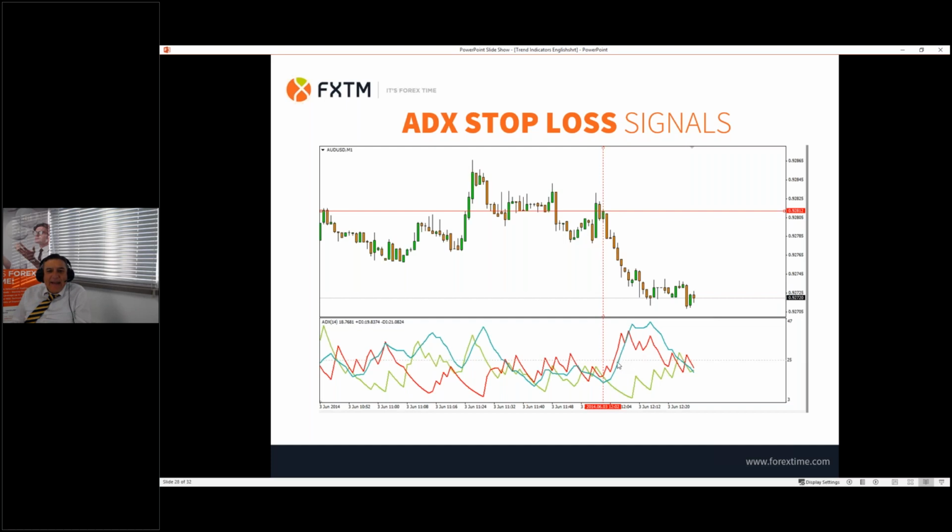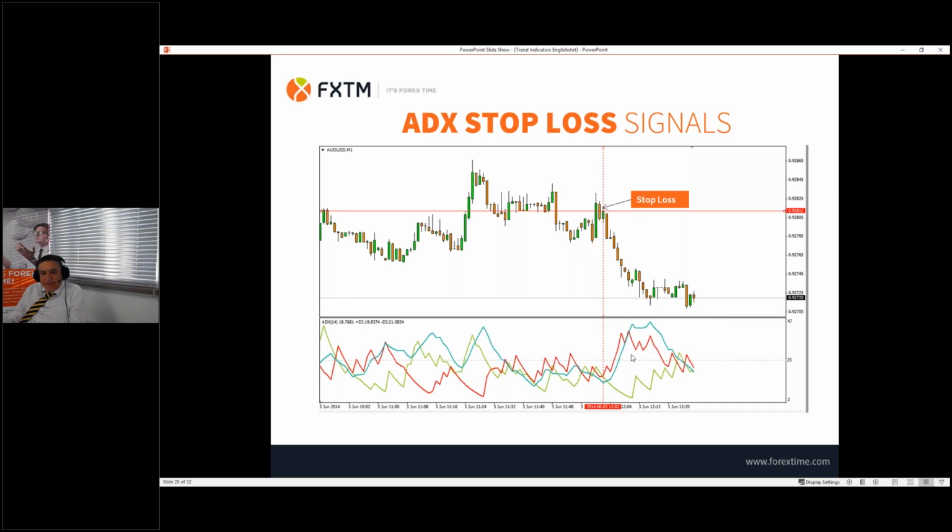And ADX goes above 25. So at this point where the two lines cross, we can attach a vertical line to identify the extreme point on the corresponding candlestick. So since we are going to sell, the high of this candlestick is going to be our stop loss.